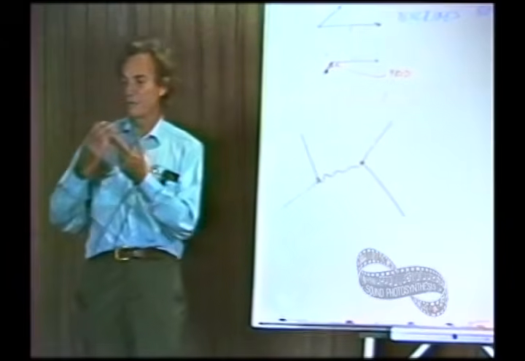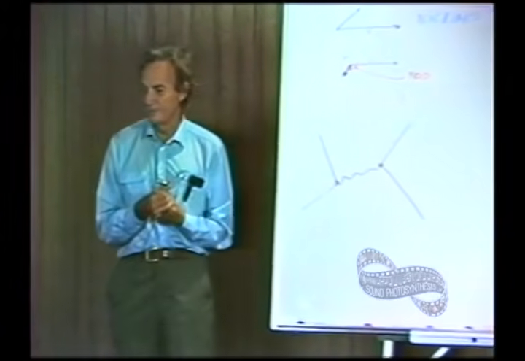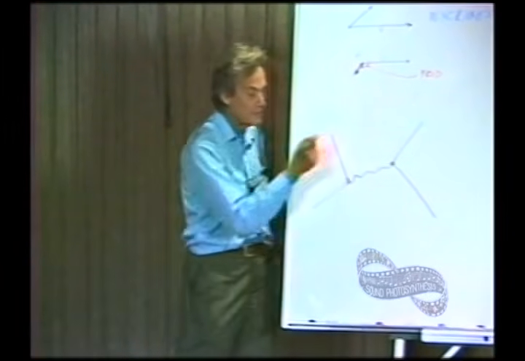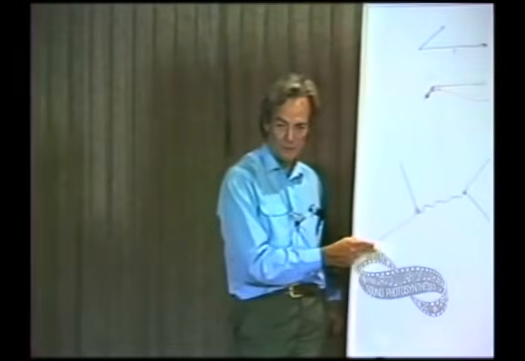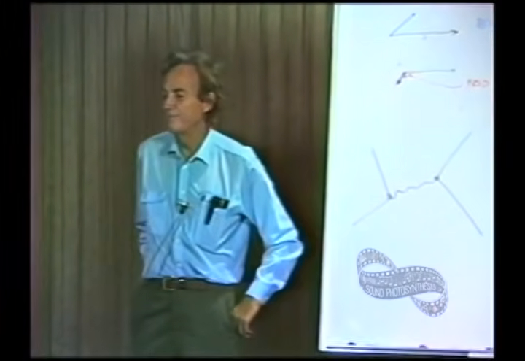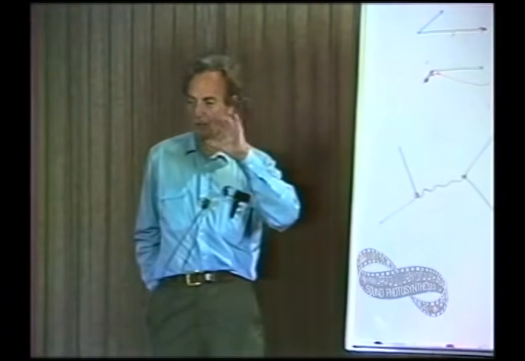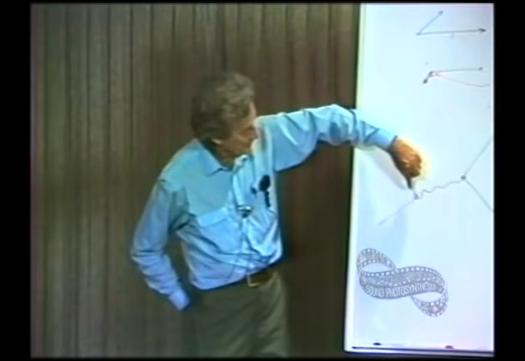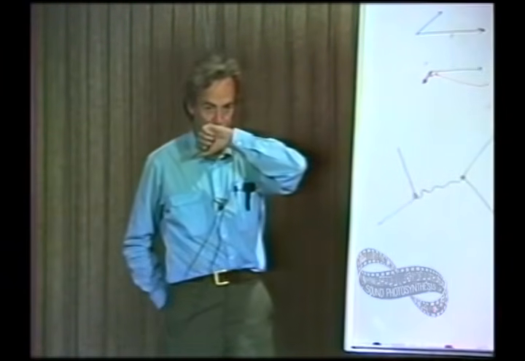So we have three rules for amplitudes. The amplitude of the photon goes from one place in space and time to another. The amplitude of an electron goes from one place and time to another place and time without any disturbance if it didn't do anything. And the amplitude that an electron emits a photon.